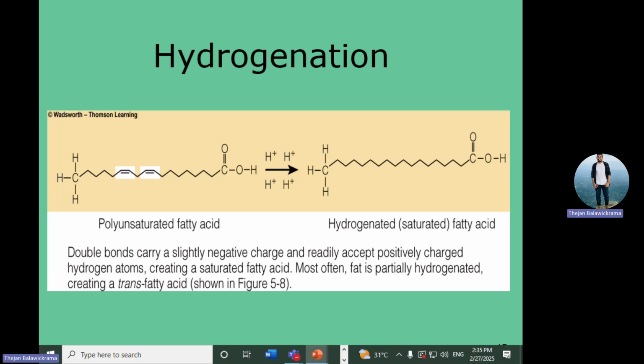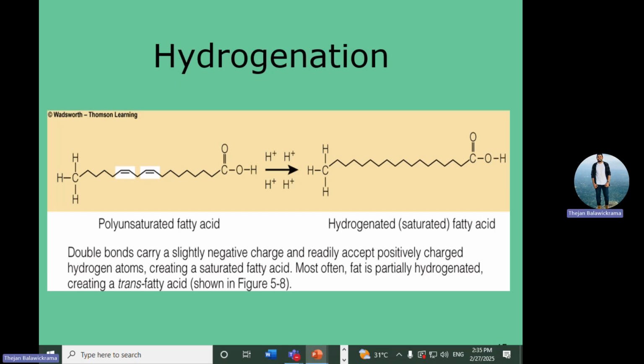Then what is happening? Nothing happens to the length of the carbon chain. Nothing happens to the existing number of hydrogens. In addition to the existing hydrogens, new hydrogens are coming in. That is why now there is no double bond over here.